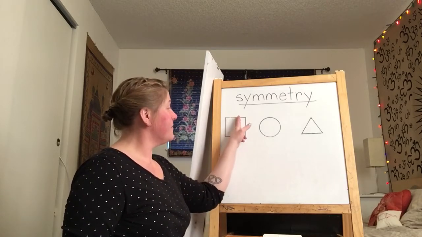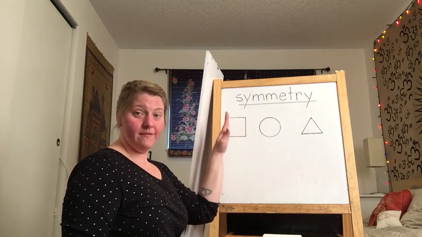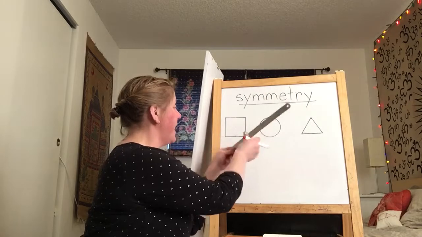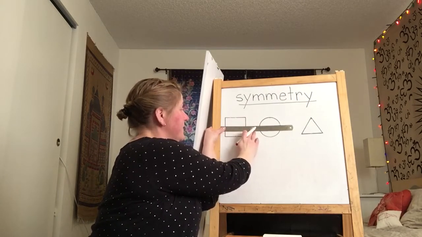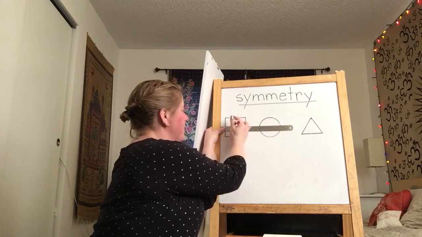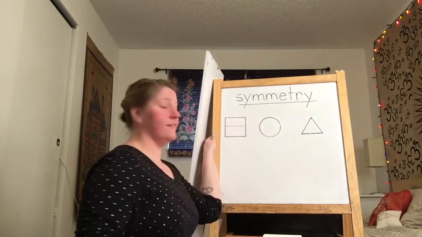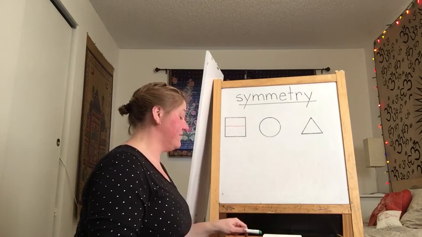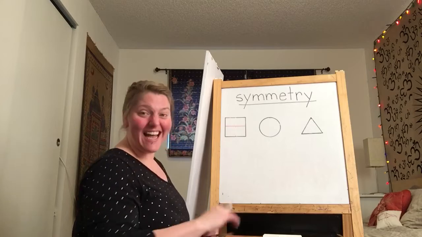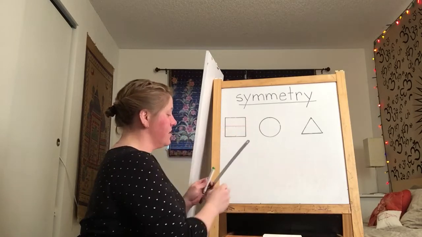So a square is symmetrical. Now here's something fun about a square: I can divide it in half vertically. I can also divide it in half horizontally, and it will be symmetrical. See? But then I can also divide it in half diagonally. Now diagonally means from corner to corner.